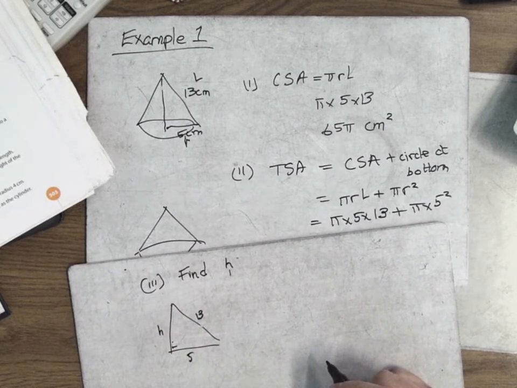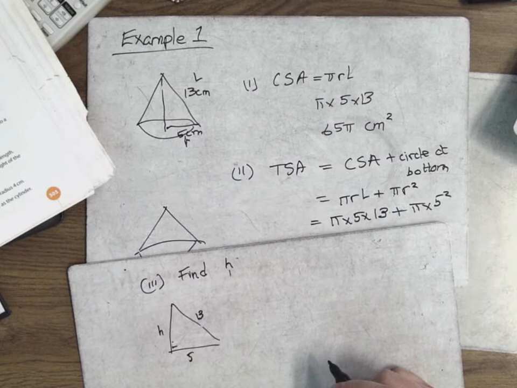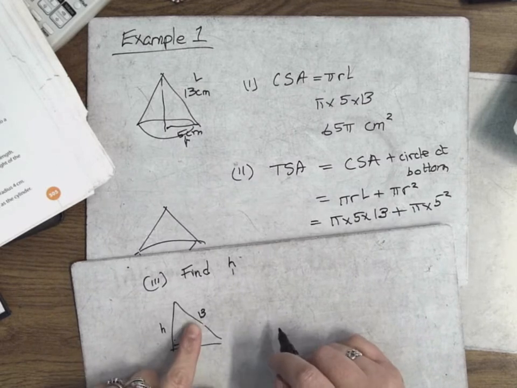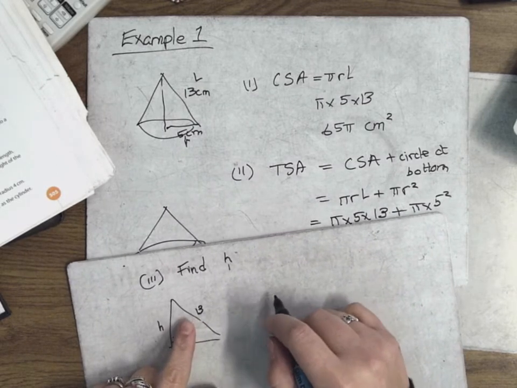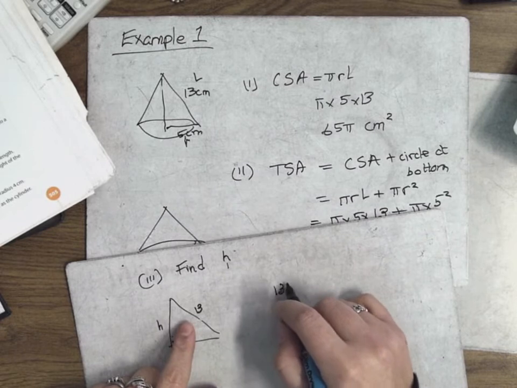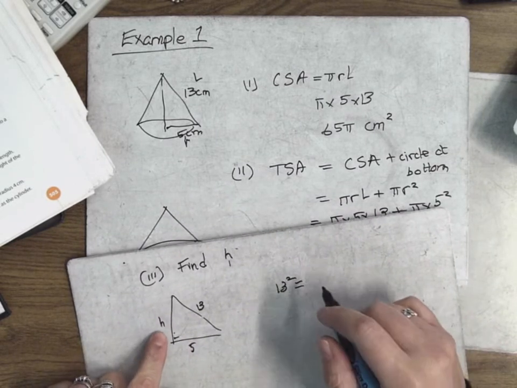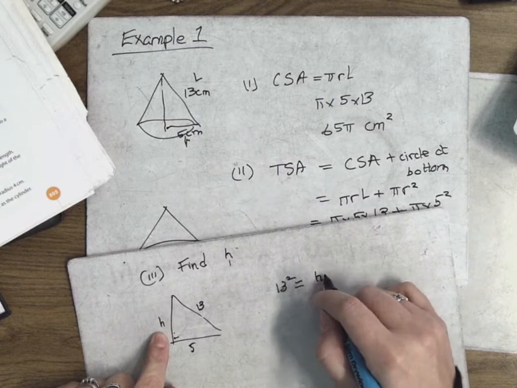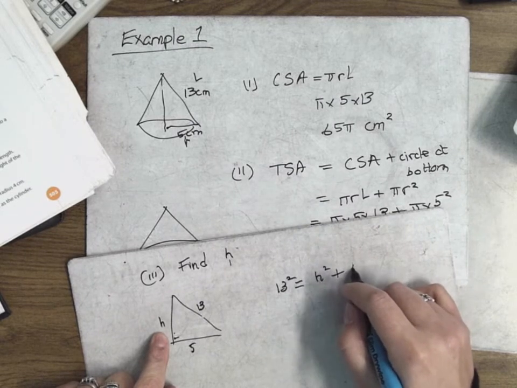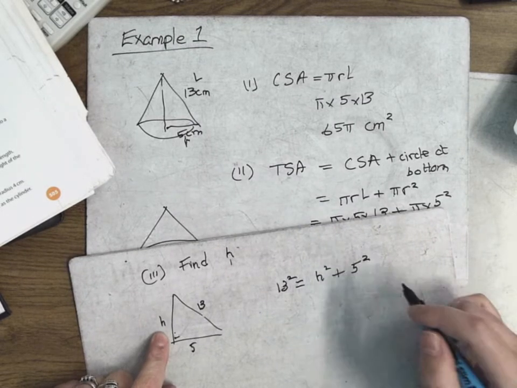Yes, it goes h squared equals a squared plus b squared. But yeah. Right, but it's the hypotenuse, which is 13 squared, is equal to the other two sides squared. So square this one, what would that be? H squared plus 5 squared. Okay?